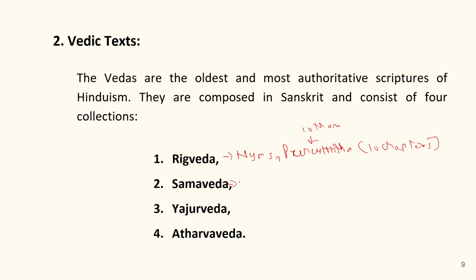Second one is Samveda. Samveda basically deals with music and art forms or rituals, you can say. Yajurveda basically deals with sacrifices, or you can say yajnas or yagya, havan, basically, you can say in Hindi.